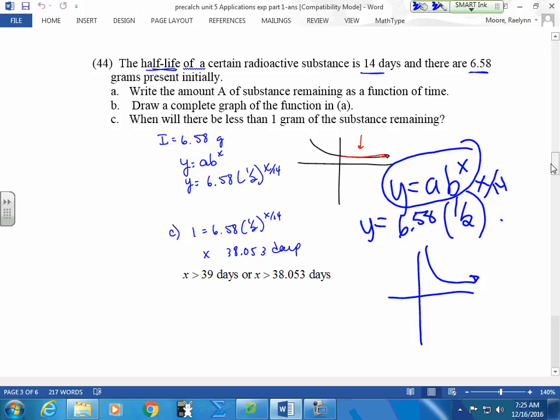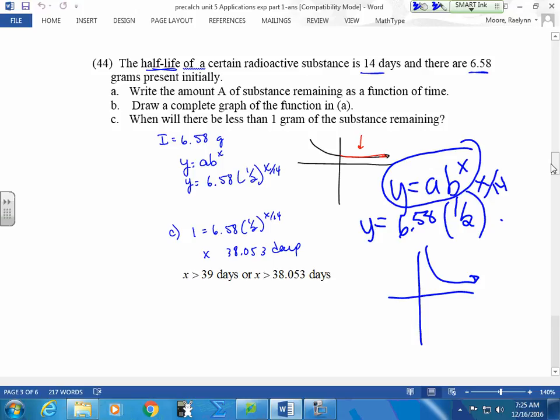When will there be less than 1 gram? You can do the less than or equal to thing. Well, actually less than. You can do less than, you can set it equal to, and we're rounding anyway. So because we round, we're not going to get that exact. You could say, in terms of days, it's greater than 39.